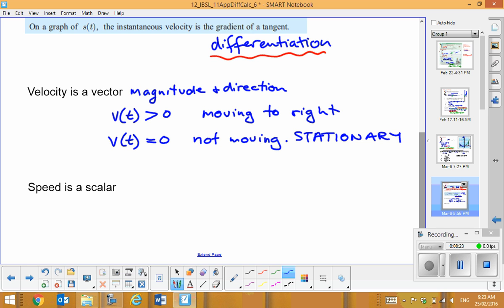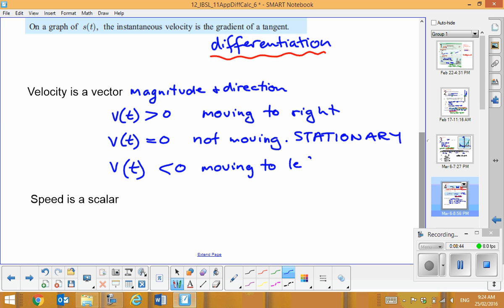Everything we've done in chapter 16 is just being applied to something moving. When our velocity is less than 0, what's it doing? Moving to the left, or down, whichever direction you're looking at. Speed is a scalar. What's that going to mean?